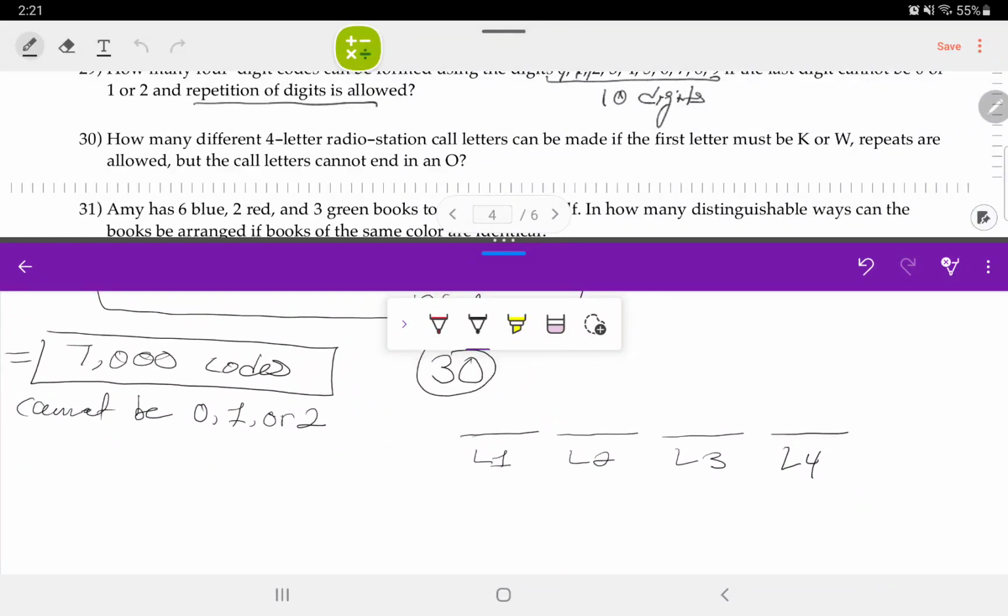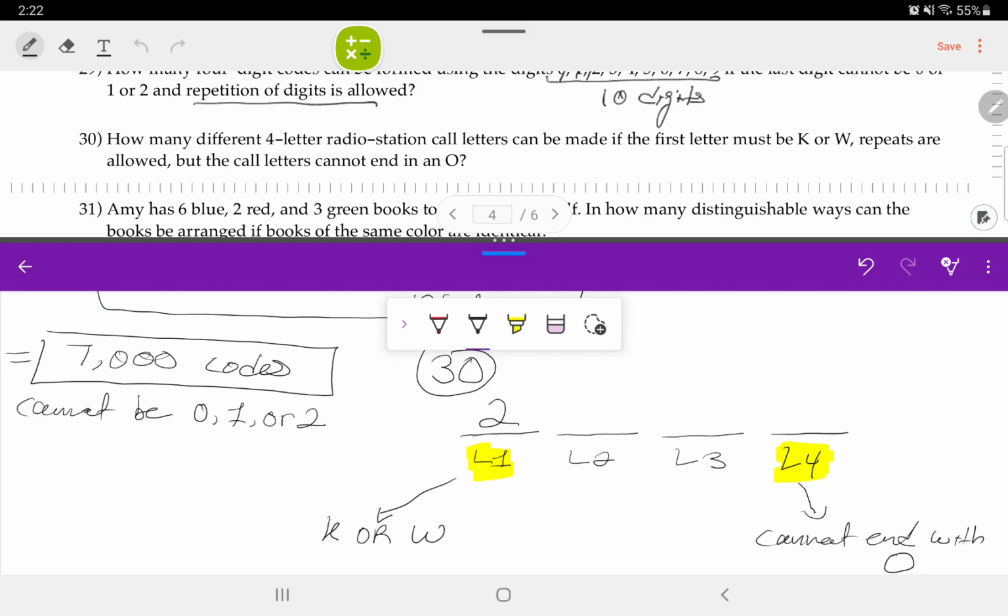The first letter must be a K or a W. K or W. And the last letter cannot end with O. Okay. If the first letter must be a K or a W, that means there are only 2 options that can go there.